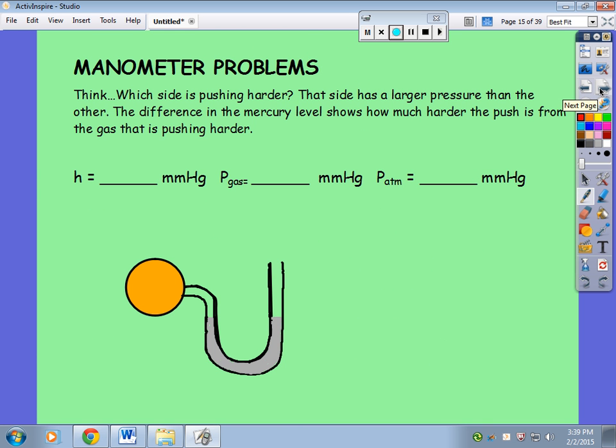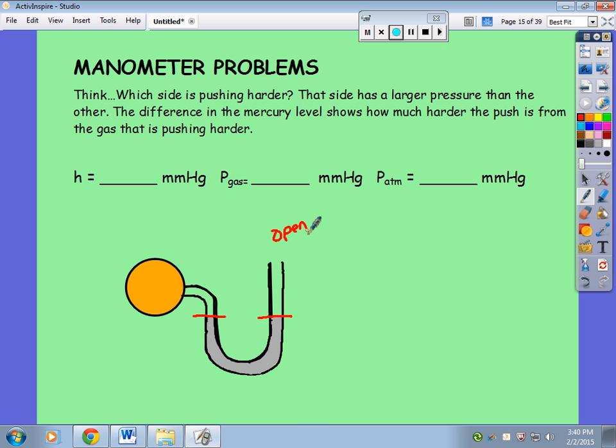Manometer problems. Now, when you do these, you have to think about which side is pushing harder, because that side has a larger pressure than the other one. So if you look at this diagram, what's true here? These levels are equal. So no one's winning. This is open to the outside. It's not always open, but you can look at the manometer podcast, but it is in this case.